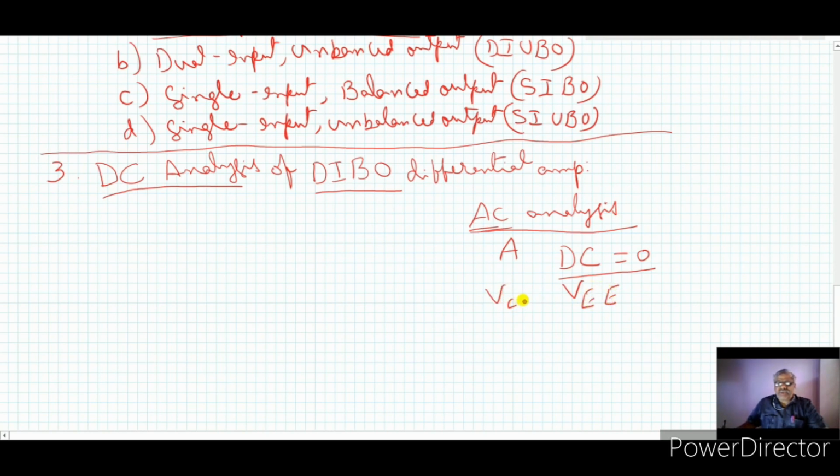We have two DC power supplies in this differential amplifier, plus VCC and minus VEE. These two we have to replace with their internal resistances. Generally, we assume the internal resistances are 0, assuming the power supplies are ideal. Then we write equations to find what is desired, whether voltage gain or current gain, simply gain.